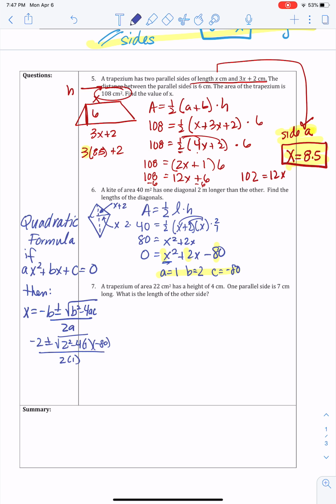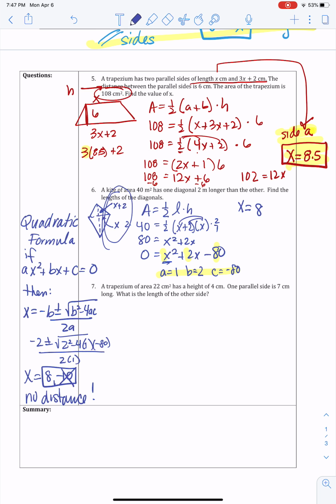When we solve this, we get two answers. X equals 8 and negative 10. But this one's wrong because I can't have negative distance. So that means that when we come back up here, we have to use x equals 8.